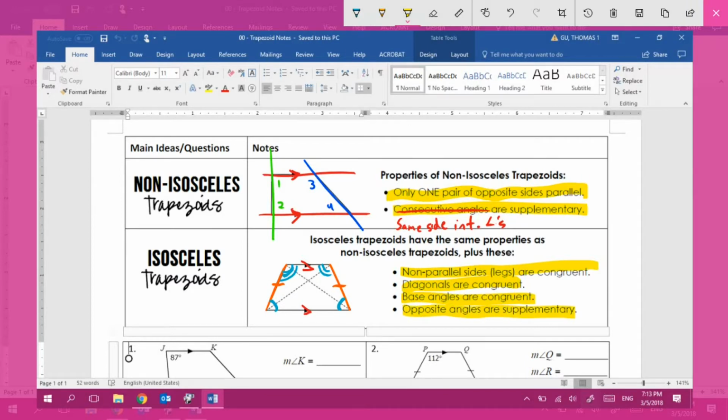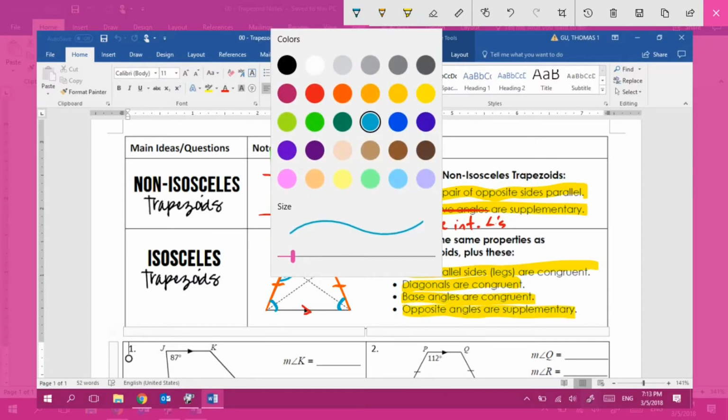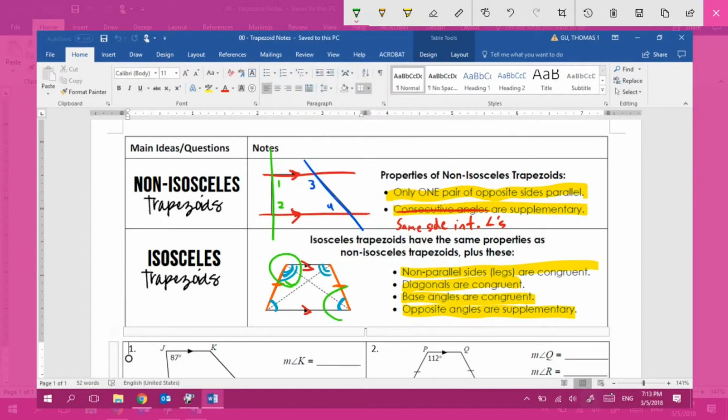That means if we take the two angles that are across from each other, this angle plus this angle right here, those would add to 180. And then also this angle plus this angle right here, those would also add to 180 degrees. Those are the properties of isosceles trapezoids.